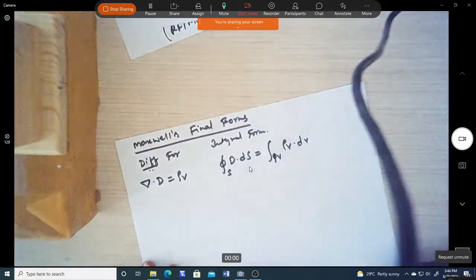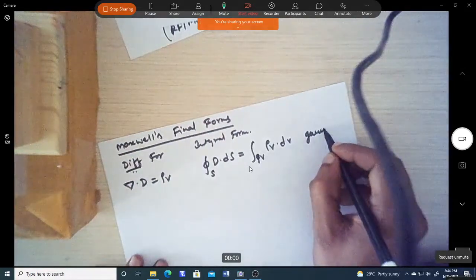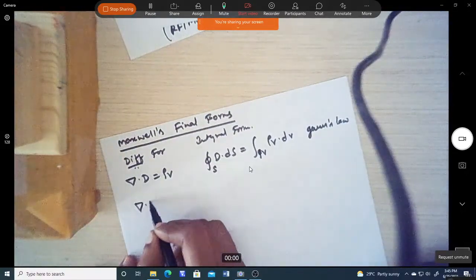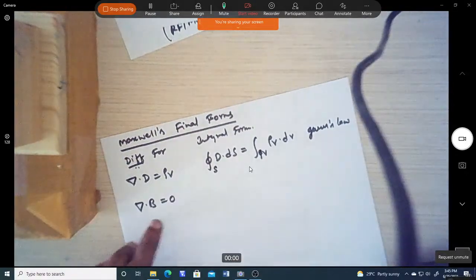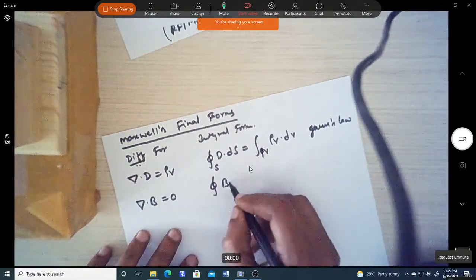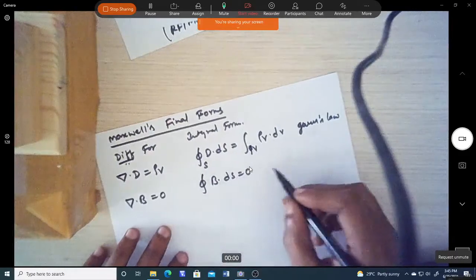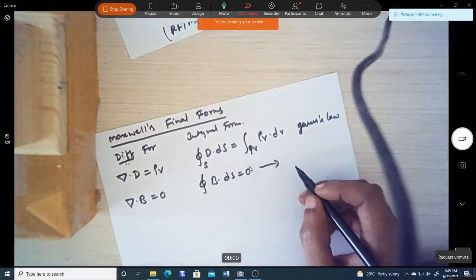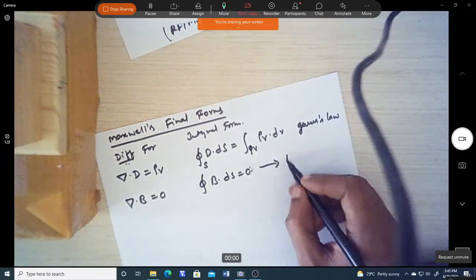So this is unchanged from the Gauss law, we know that. And del dot B is equal to 0, so the divergence equation doesn't change. Here the integral of B dot ds is equal to 0. This is the non-existence of isolated magnetic charges.